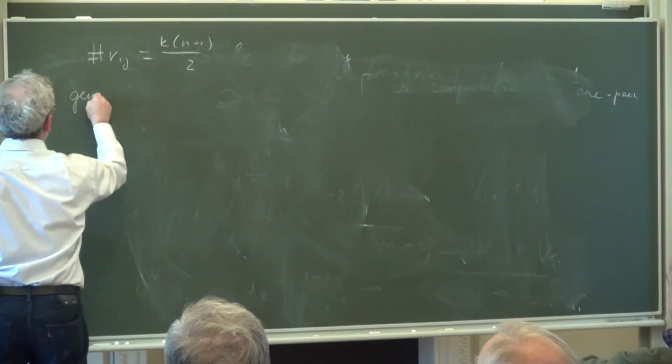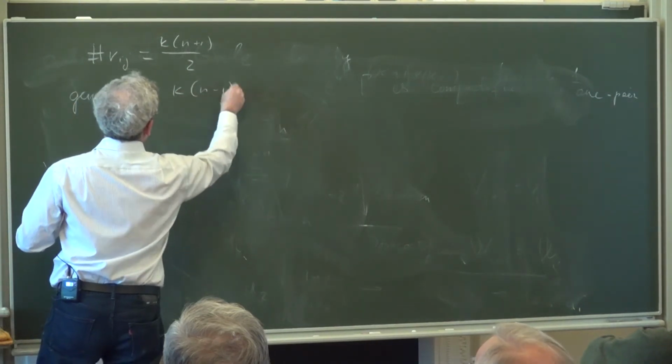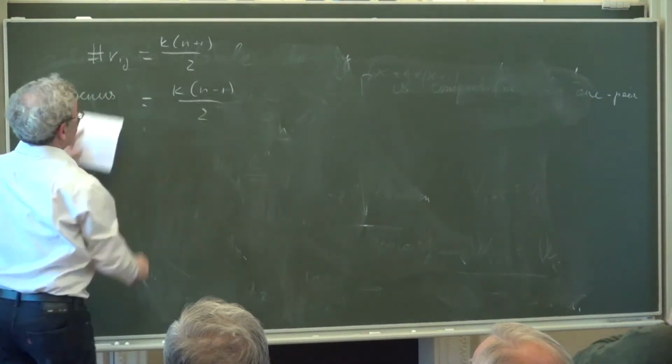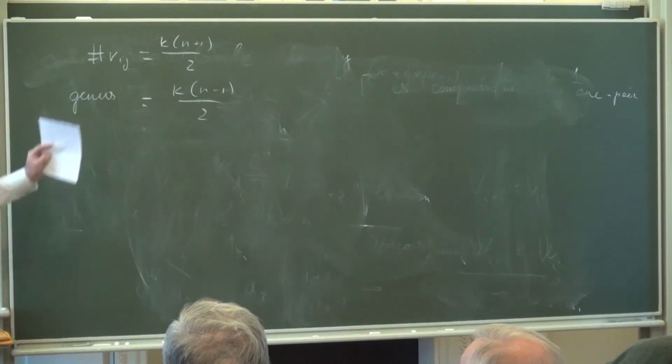The genus of the corresponding curve is kn minus 1 over 2. So if you sum up these dimensions, we get precisely the total dimension. So of course it's the genus of a smooth curve.